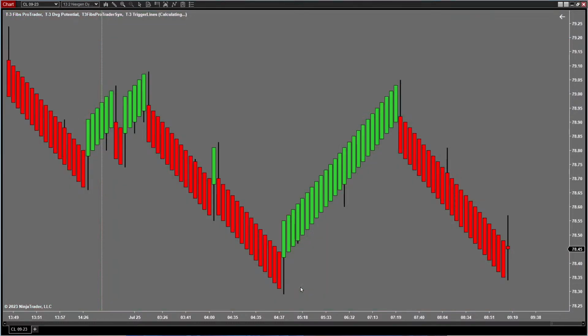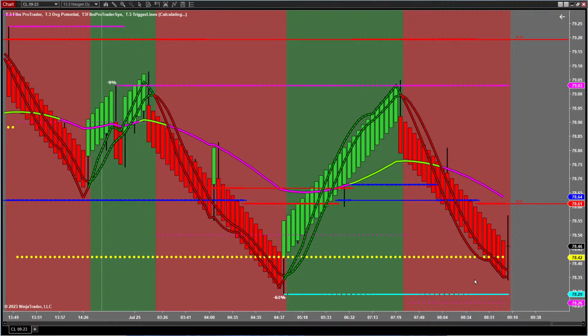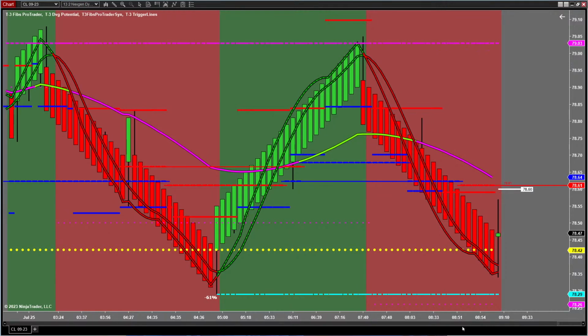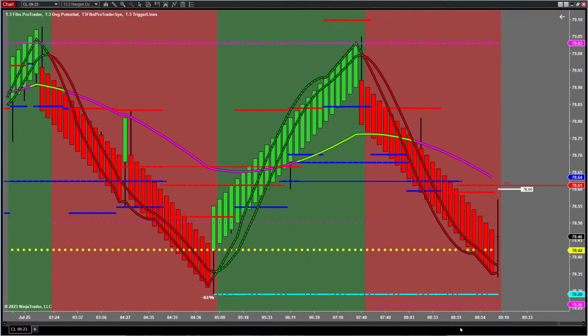And essentially what that's going to do is it's going to plot only the small trigger line. And it's not that I only want you to plot the small trigger line, but we're going to spend a little bit more focus today on the small trigger lines.